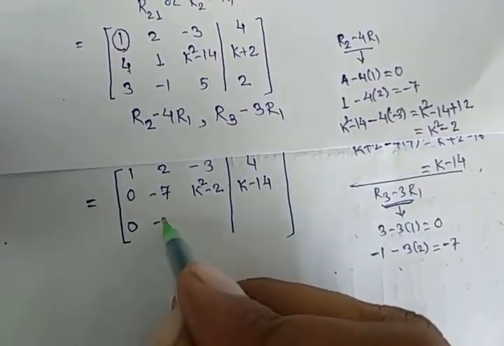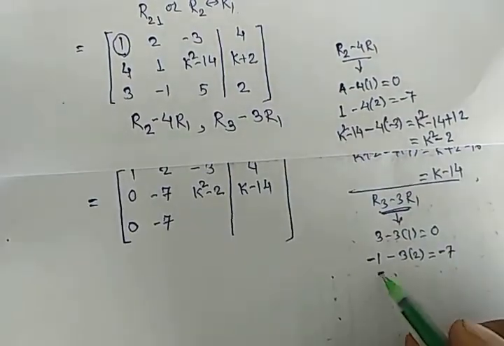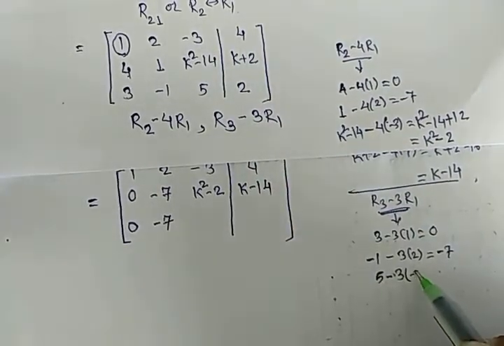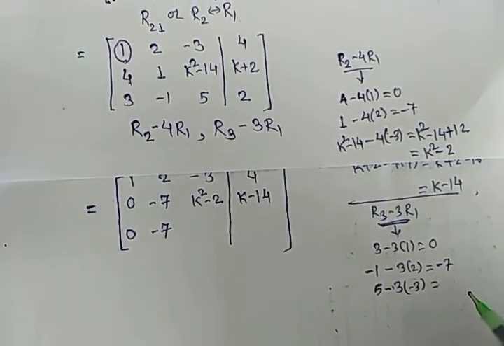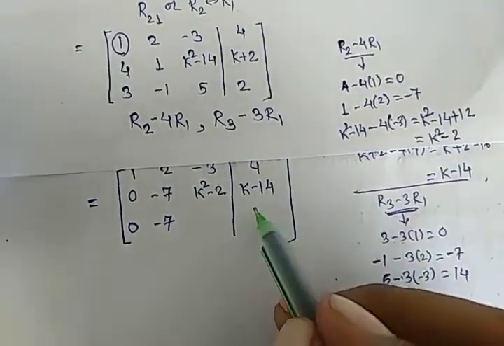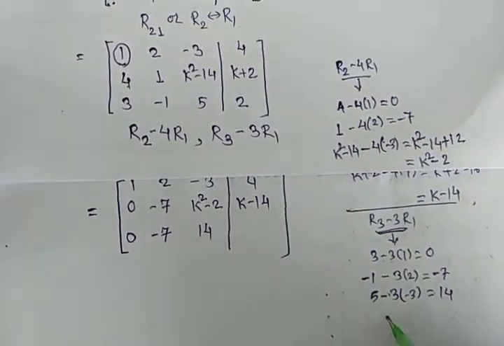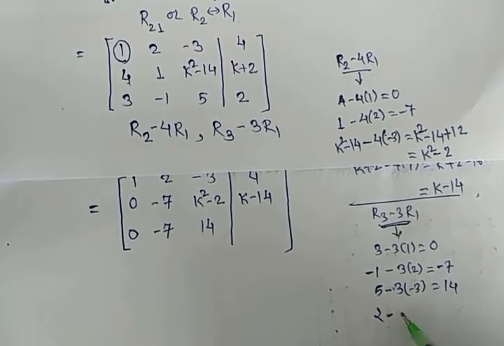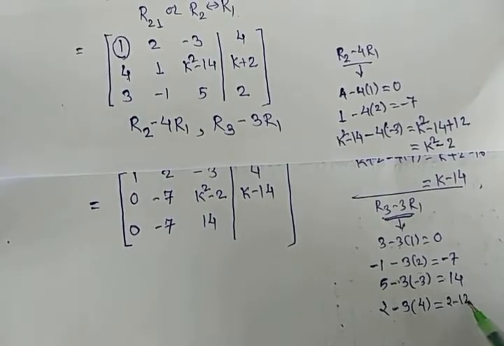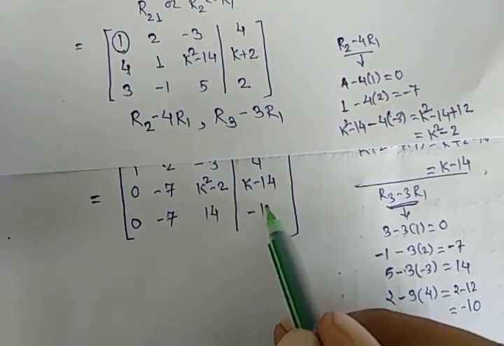Next, 5 minus 3 into minus 3, which is 5 plus 9, which is equal to 14. And last, it is 2 minus 3 into 4, which is 2 minus 12, which is equal to minus 10.